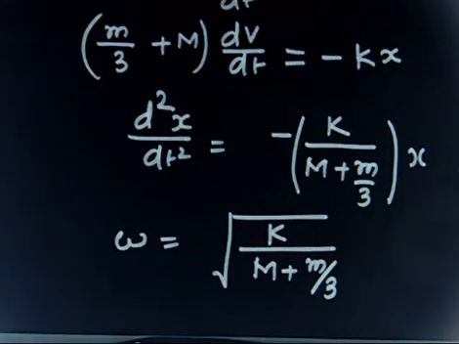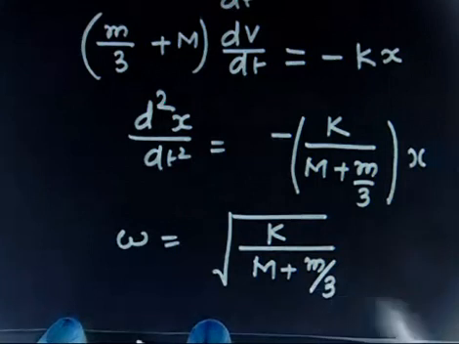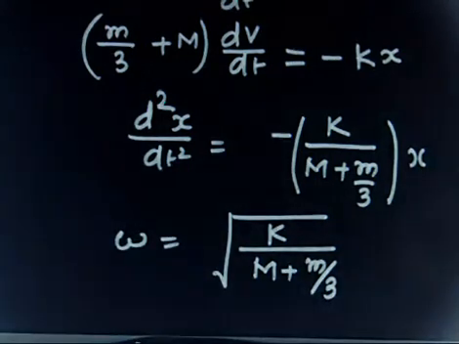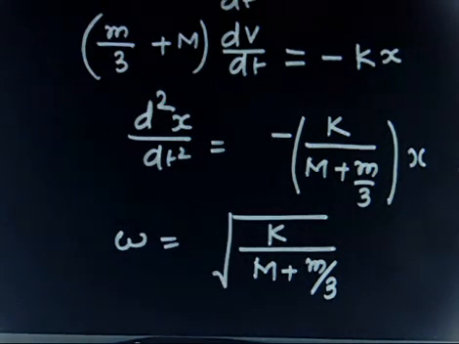In that case you will find this m by 3 will be different. Are you getting? So this result is true only under the assumption that the variation of velocity, as well as the variation of elongation, is linear.